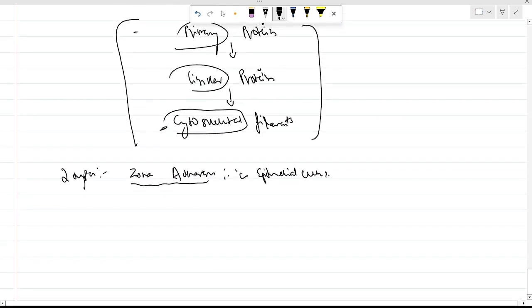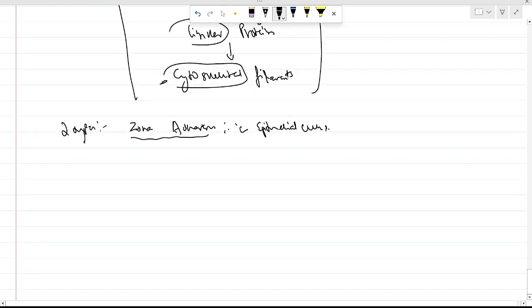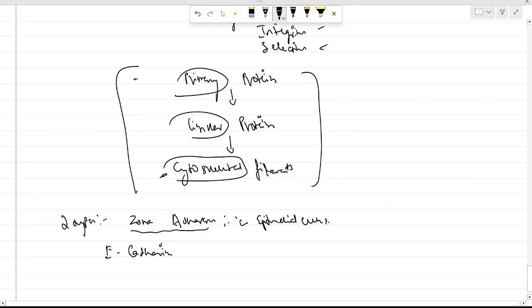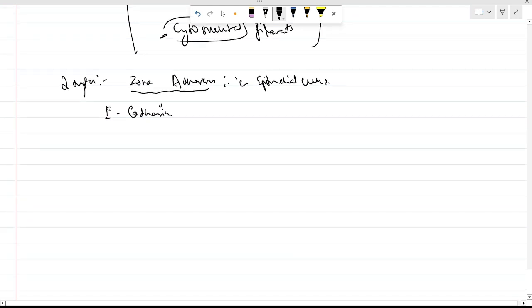We have seen this. There is a primary protein, which is cadherin. This cadherin protein is a cell adhesion molecule. Cadherin is then attached to a linker protein called beta catenin.